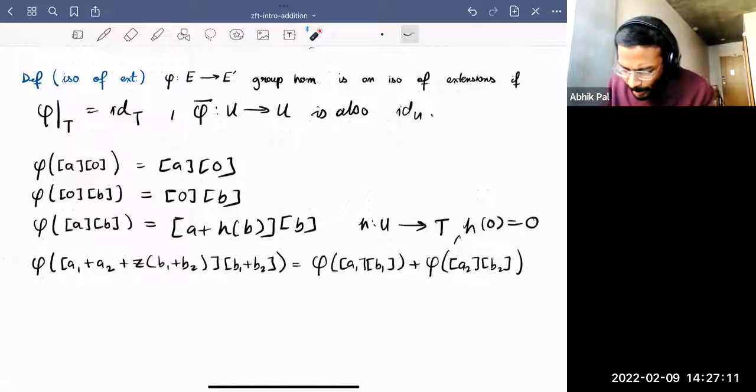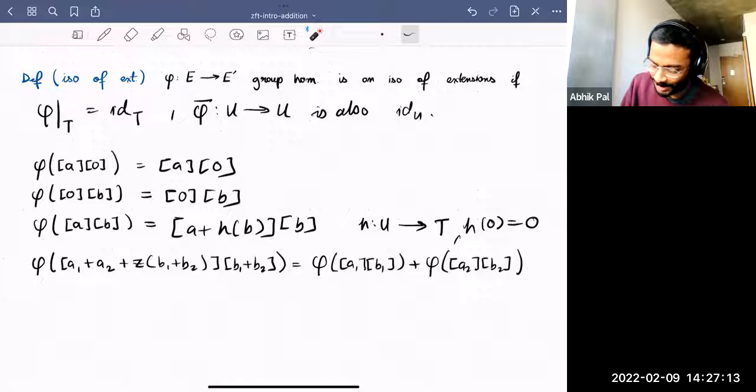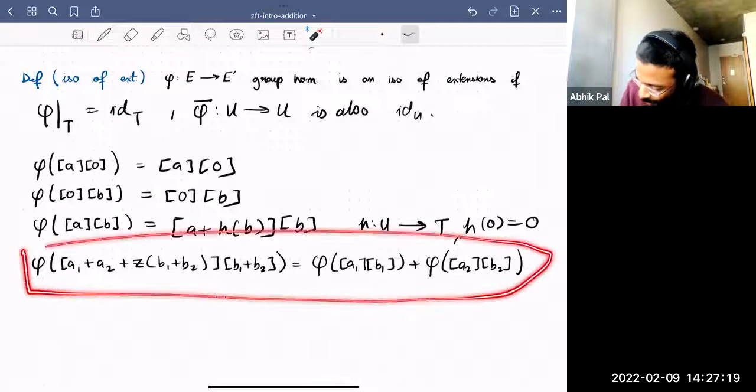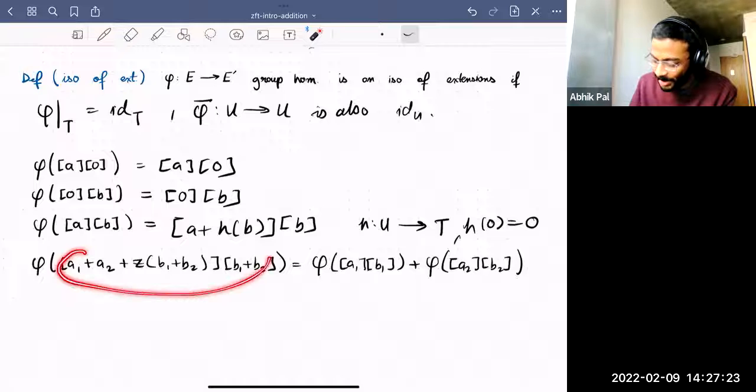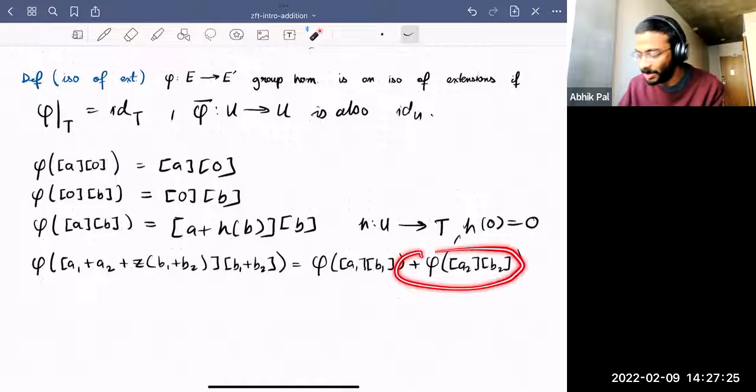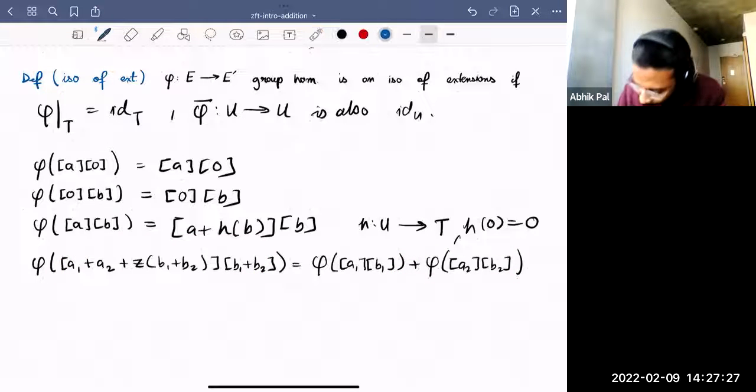So that is great. But of course, the last thing that we want is that we want this map to, in fact, be a group homomorphism. And if you recall from your algebra class, the correct condition is that if I'm doing addition inside, that should correspond to addition outside. So this addition is happening in E, and this addition is happening in E prime.